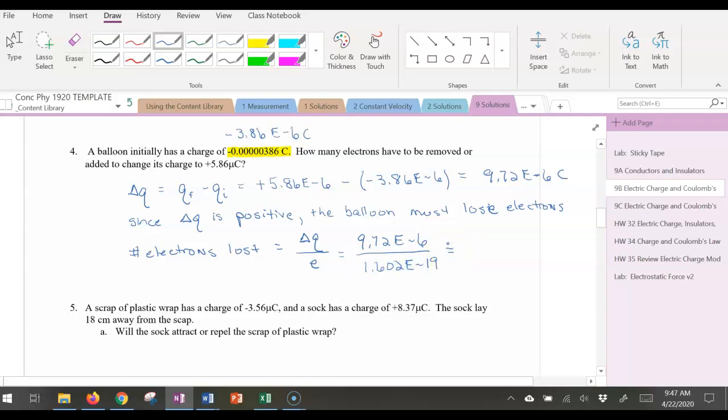So 9.72 times 10 to the negative 6 divided by our e is 6.067 times 10 to the 13th. It has to lose that many electrons in order to have such a positive charge.